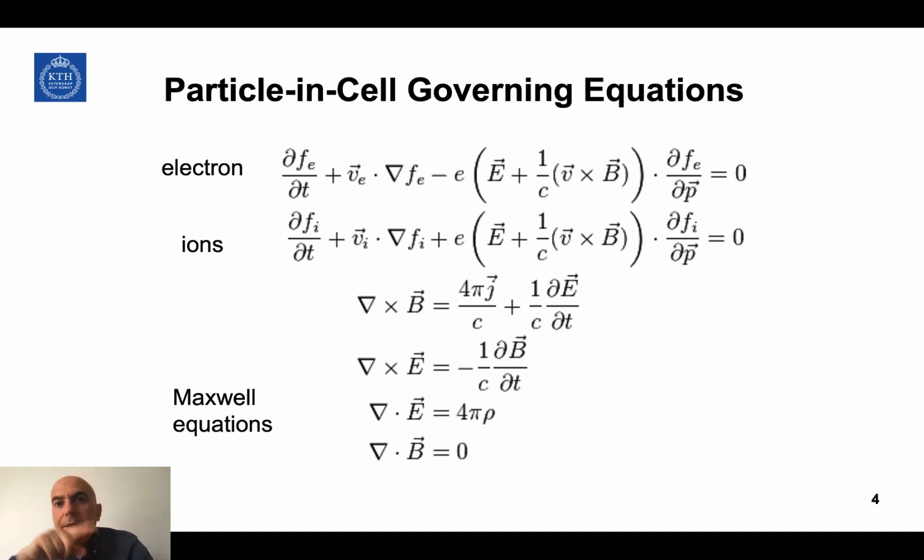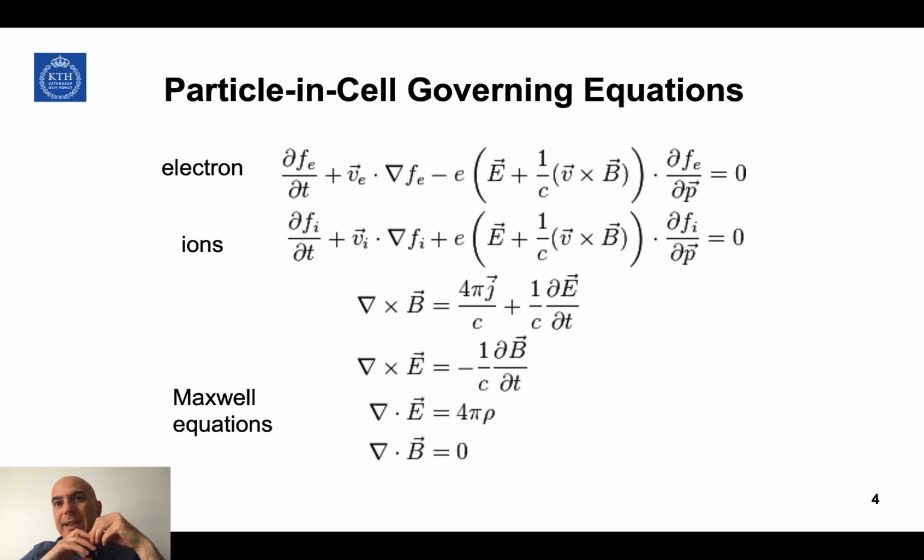So the higher the distribution at a certain point and certain velocity, the higher the probability of finding a particle with that velocity and at that particular position. We have one for the electrons and one for the ions. The distribution function depends on three things: the position, the velocity, and the time.